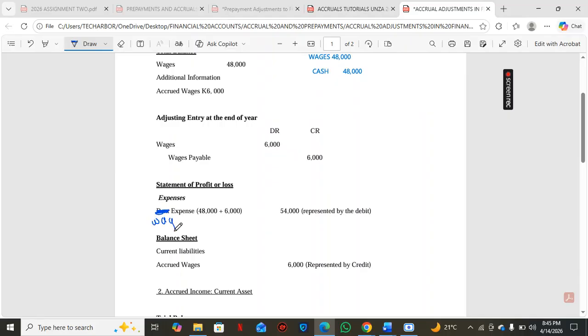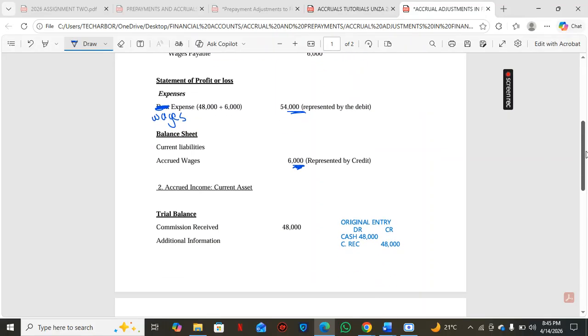So you add the 6,000 to the wages: 48 plus 6,000 is 54,000. In the balance sheet, this credit entry, you're recognizing as a current liability. So under current liabilities, you put accrued wages 6,000 here. Any questions, colleagues?